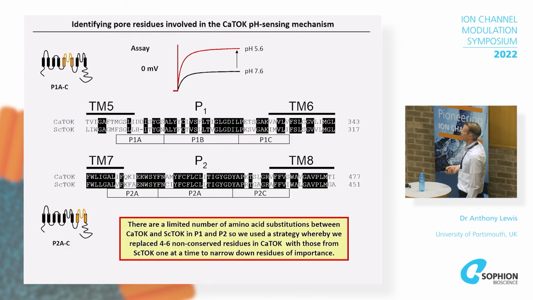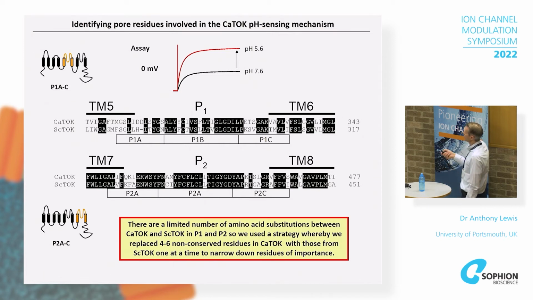But what we did do is a mutagenesis scan, so we split the two pores into three parts, and we replaced the Candida amino acids with the equivalent Saccharomyces amino acids, from the non-sensitive channel. And just to save time, we did this in groups.